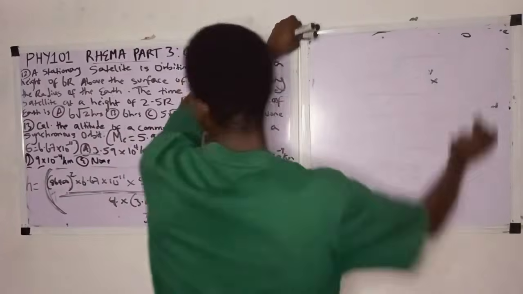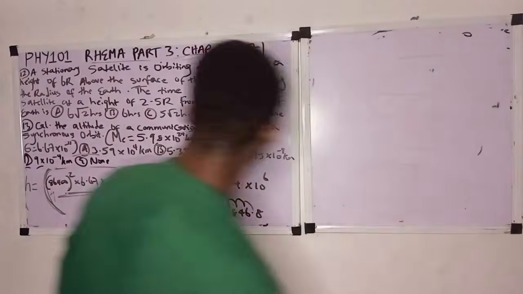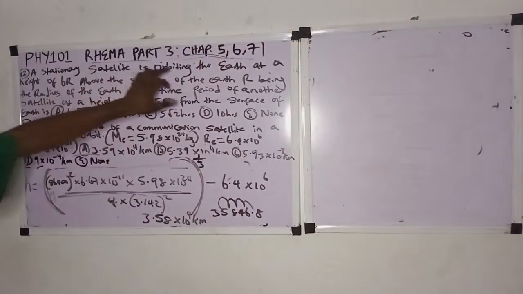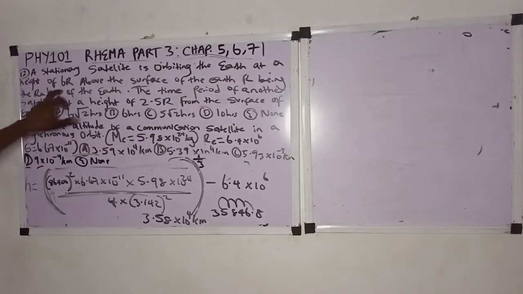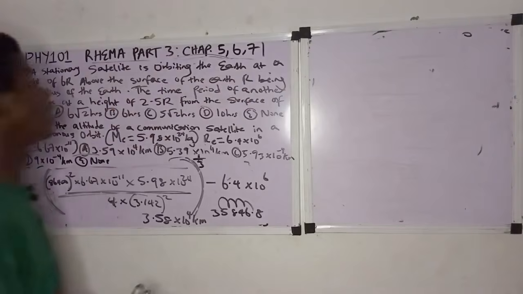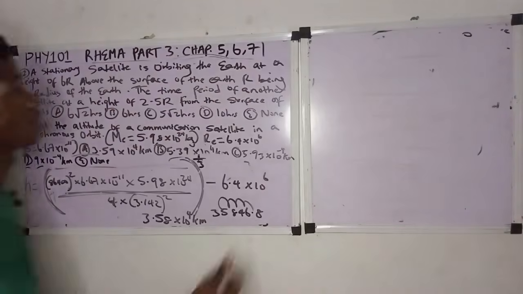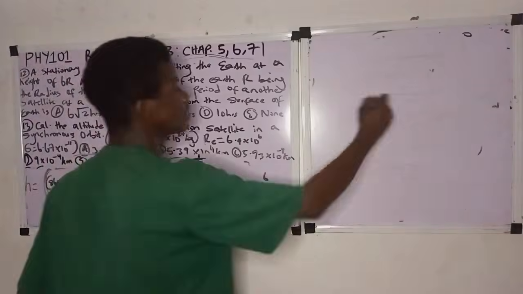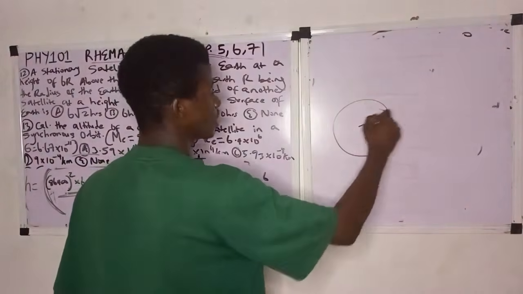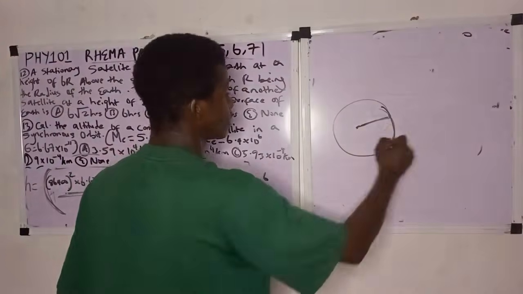Okay, so last one, they said the stationary satellite is orbiting the Earth at a height of 6R above the Earth's surface. Let's say this is the center of the Earth, and this is the Earth's surface.